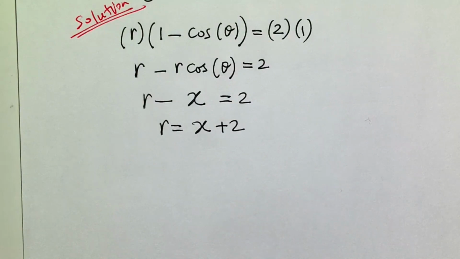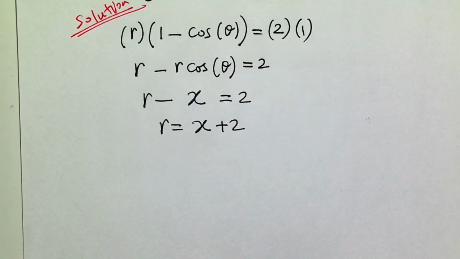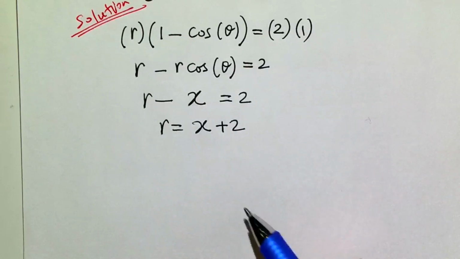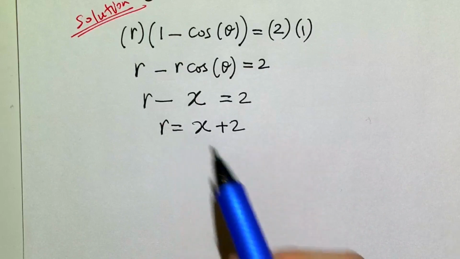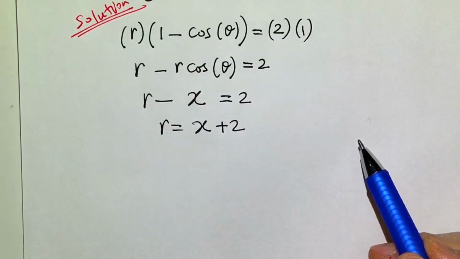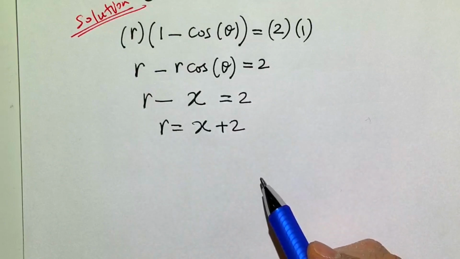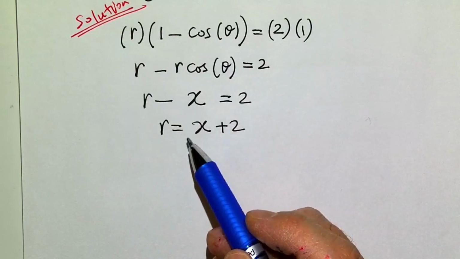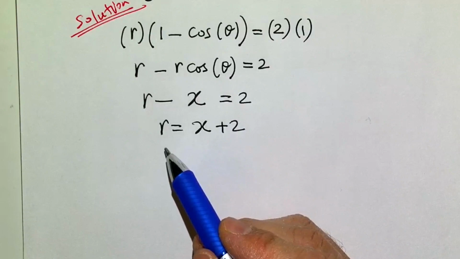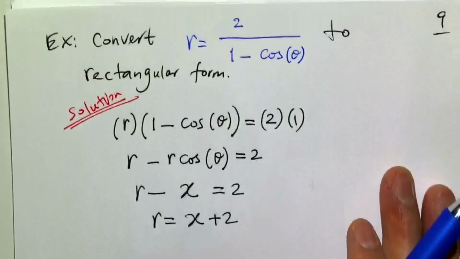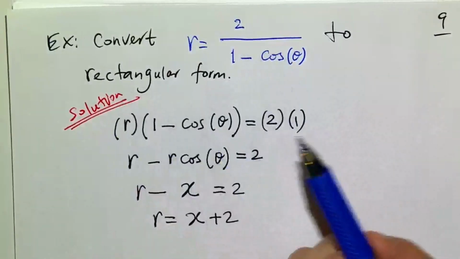So now, because remember that we have r squared equals x squared plus y squared, right? So r is the square root of x squared plus y squared. But again, if we can avoid having square roots in our equation, all we care about is to convert this polar form to rectangular form.